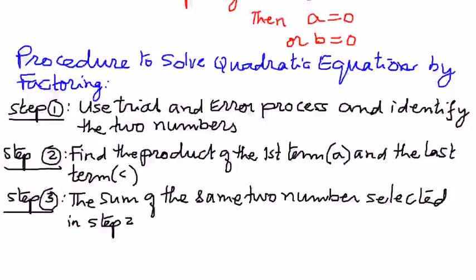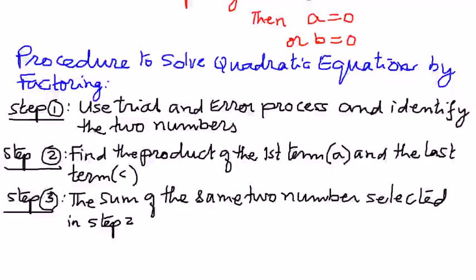I want to explain the zero factor property, and then I will explain the procedure to factor the quadratic equation. So the zero factor property is telling us that if we have two terms a and b, and if their product is equal to 0, then either a will be equal to 0 or b will be equal to 0.